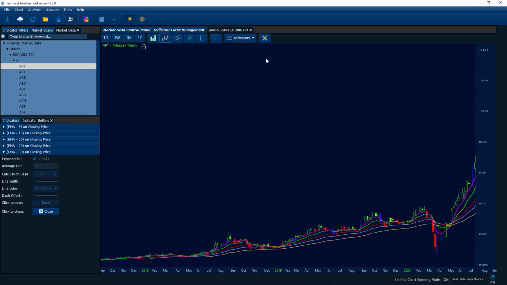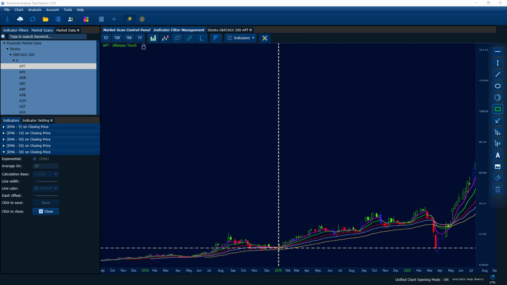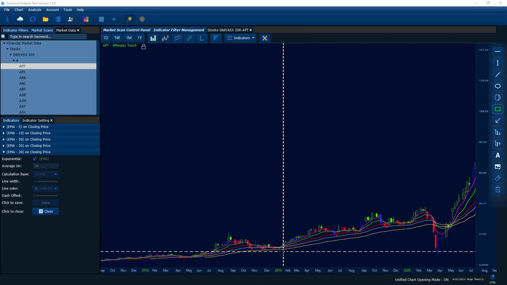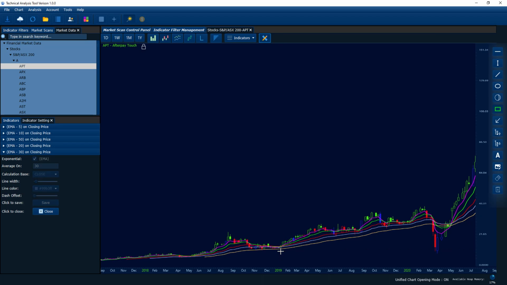So we can say, how about we want to know the moving averages stick together, and I also want this clustering to be consistent and existing for some time.